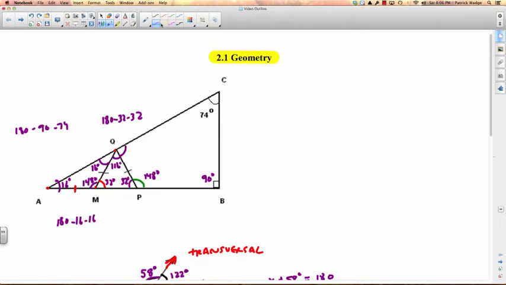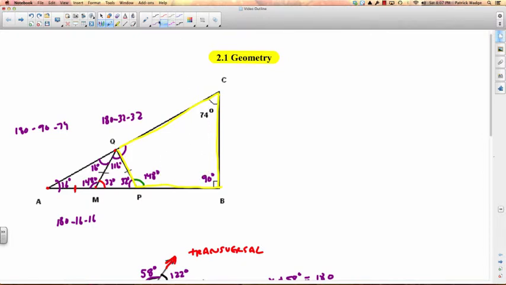Well, there's two ways you could do this, at least two ways. One way is that you could just look at this four-sided shape. It's called a quadrilateral, right? Any four-sided polygon is called a quadrilateral. And in a quadrilateral, all the angles add up to 360. So you could do it that way. 360, take away 74, take away 90, take away 148.